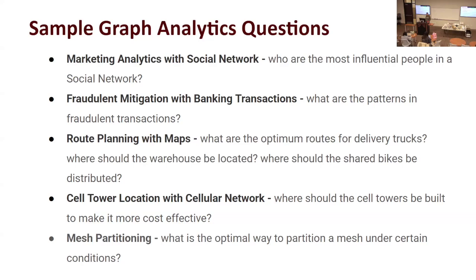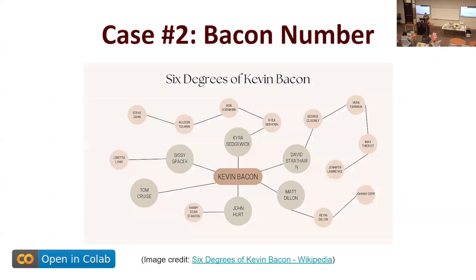Route planning for maps, and I already mentioned cell towers for cellular networks. You want to maximize your coverage in the areas while you minimize the number of cellular towers. That's more or less like a network you're building, depending on how powerful your cellular tower is. Mesh partitioning, that's also something I mentioned.